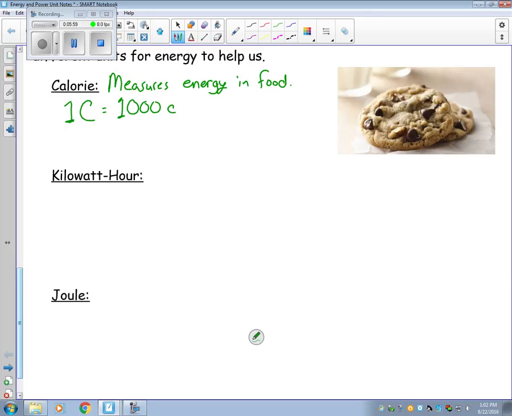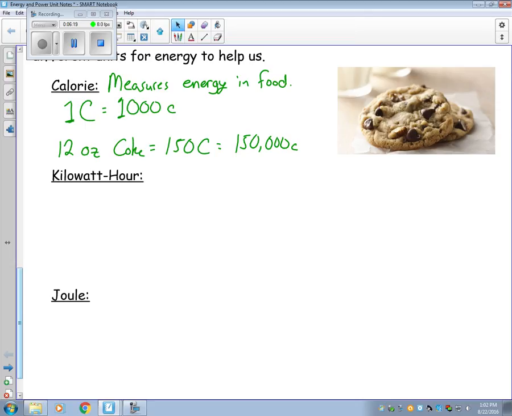So if I have a 12-ounce can of Coke, that typically has 150 food calories. So that would be 150,000 science calories. And we'll talk a little later about how a calorie is measured and what a calorie really means.